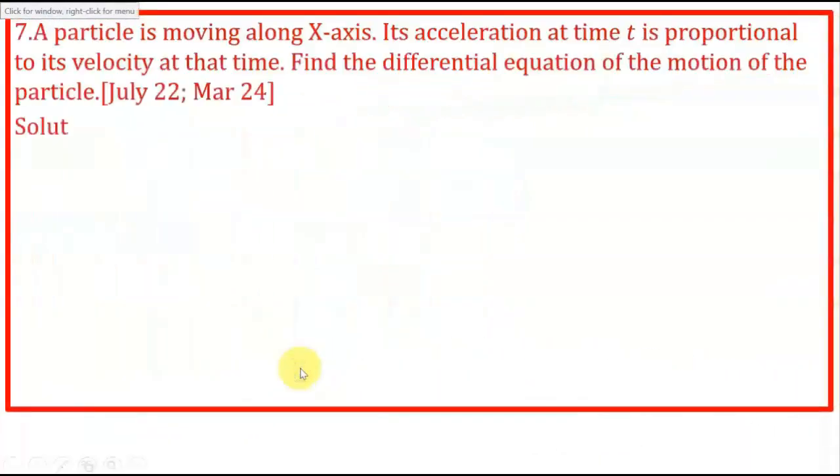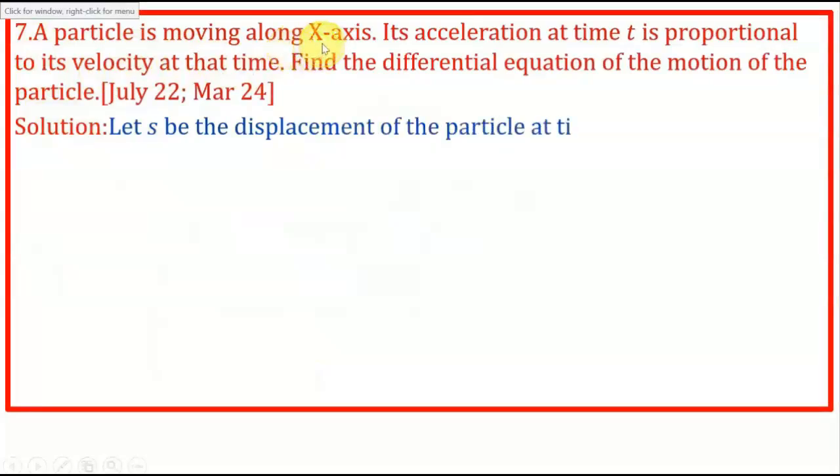Now next, a particle is moving along the x-axis. Its acceleration at time t is proportional to its velocity at that time. Find the differential equation of the motion of the particle. Here, let s be the displacement of the particle at time t.